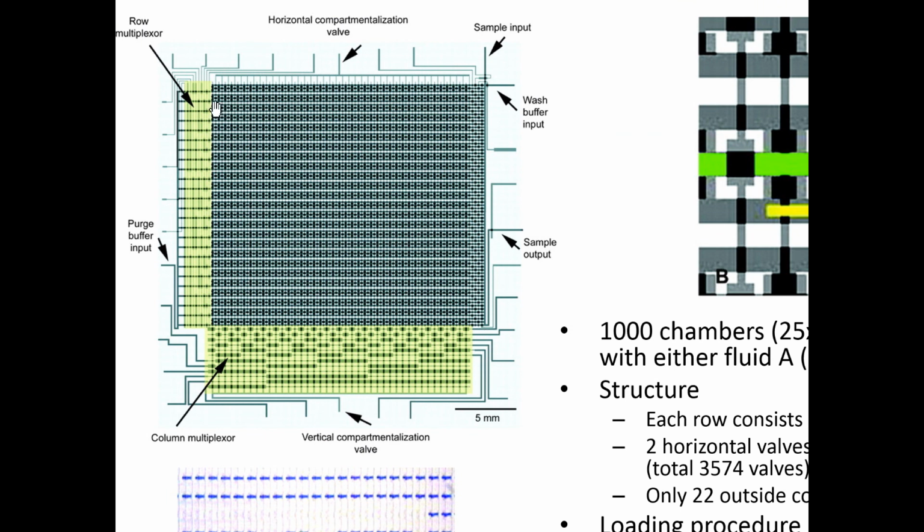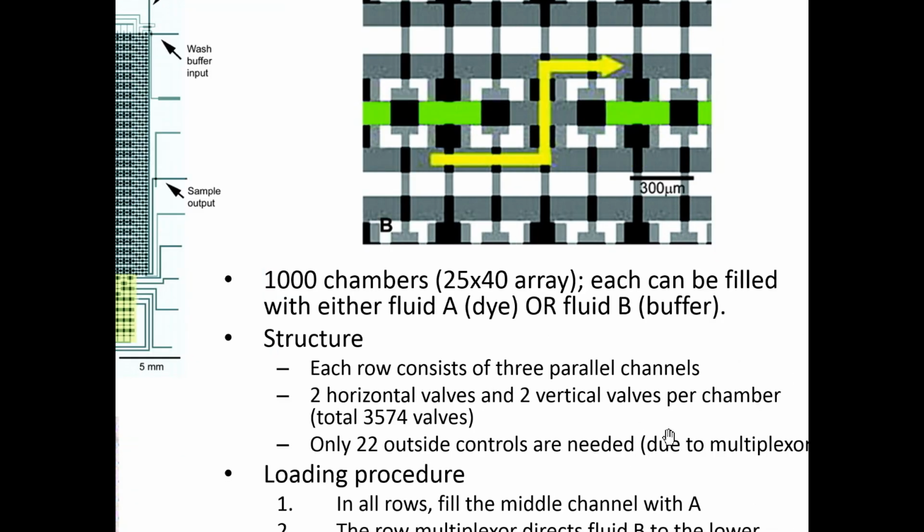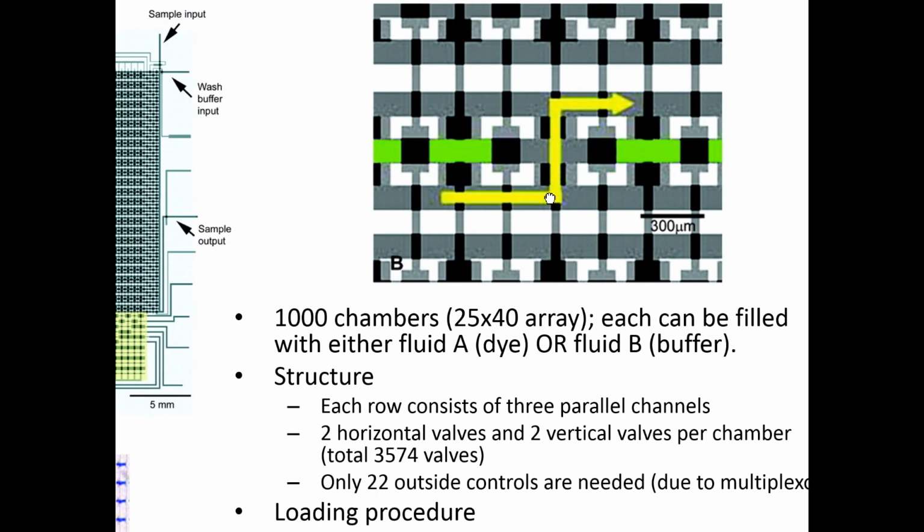So 25 rows can be controlled by 2 times log base 2 of 25. All right, so a total of 22 outside gas regulators were needed. And these gas regulators are only about this big, so it's quite possible to have a stack of 22 of them to control all the gas pressures.